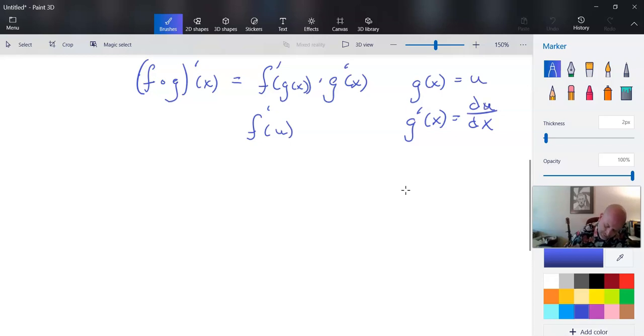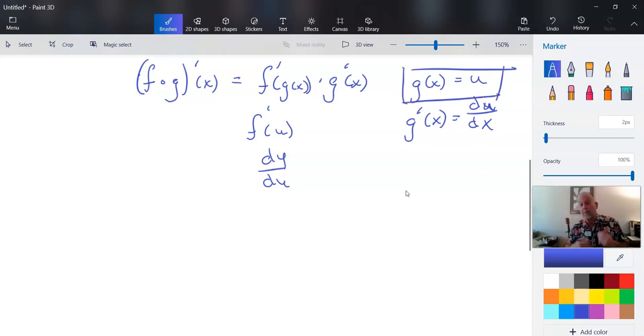I wrote du, I thought I wrote y there for a second. So what that means is this is our dy du. That's really what's happening here. That's the connection between these two things. It's just this substitution that turns one rule into the other. But because it's presented in a different way like this, it's actually easier to use.